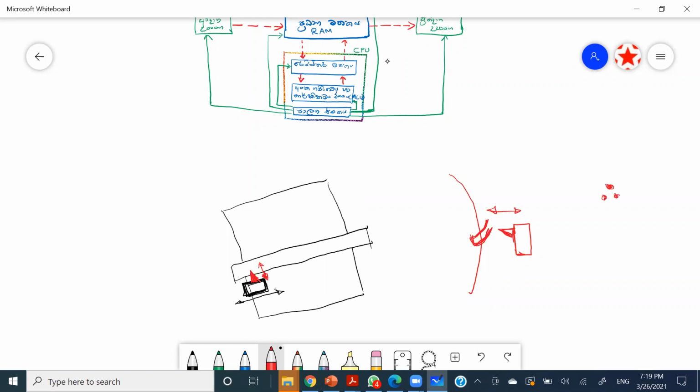The first dot gets printed, then the paper moves, then 2 dots get printed, paper moves, then another 2 dots get printed, paper moves. So likewise, if you need to print the character A, it will print like this. Right, so that is the way.